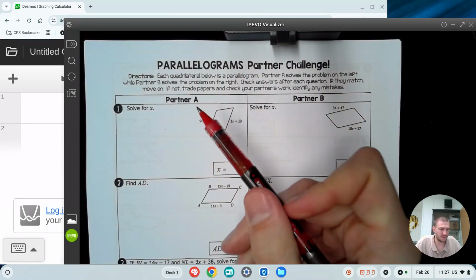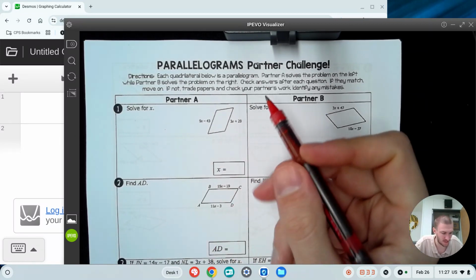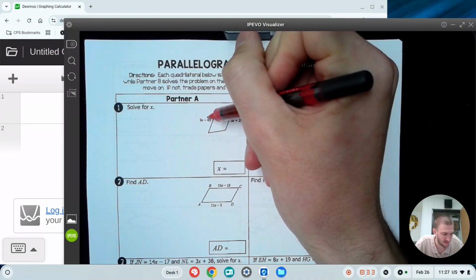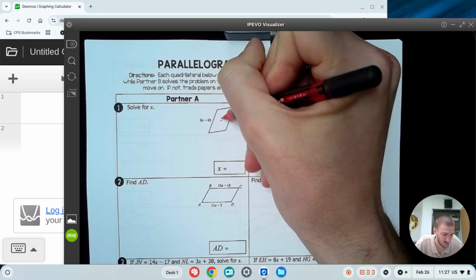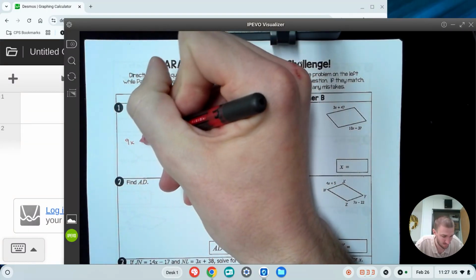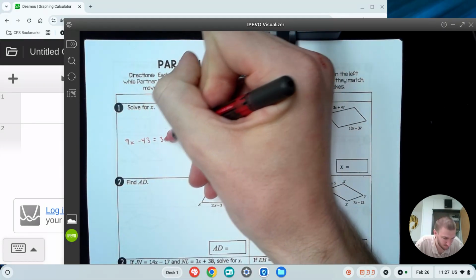So when we see a question here, if we assume that all of these are parallelogram shapes, then we know that opposite sides should be equal. And so if these are on opposite sides, then they should be equal to each other. And so we are going to make a little algebra setup where we set them equal to each other.